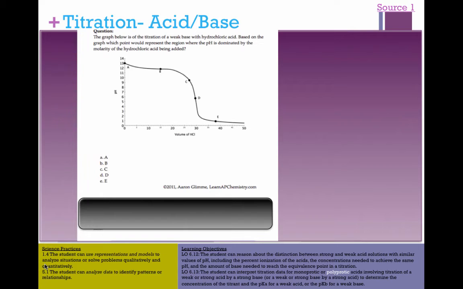Based on the graph, which point would represent the region where the pH is dominated by the molarity of the HCl being added? Okay, you kind of have to think about what this is saying. Which point would represent the region where the pH is dominated by the molarity of the HCl being added?